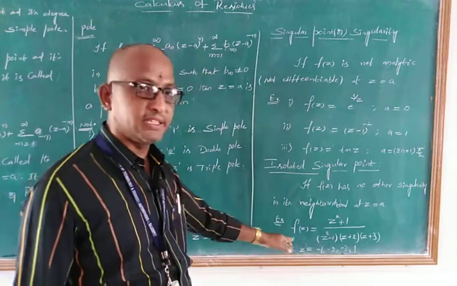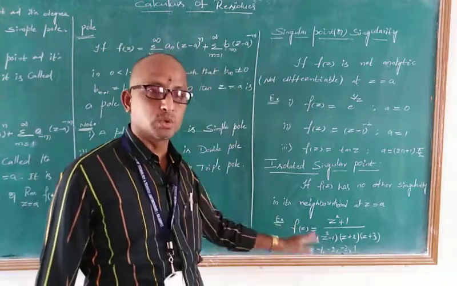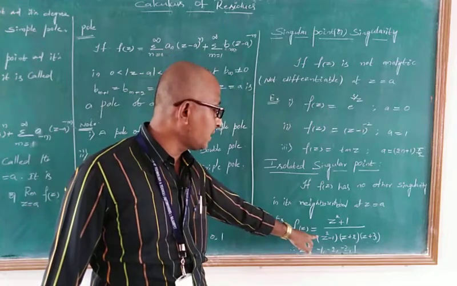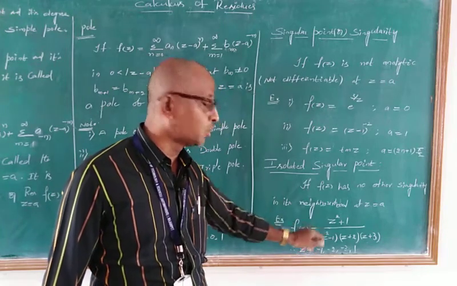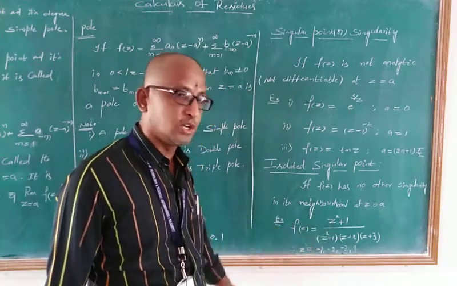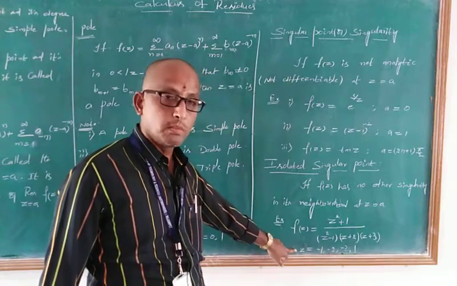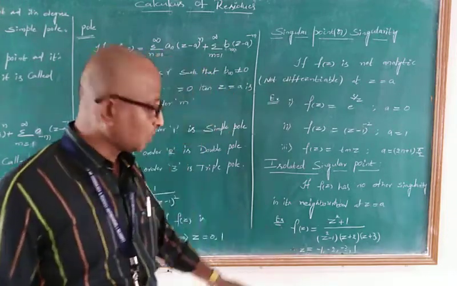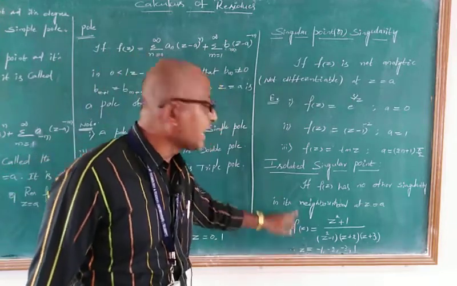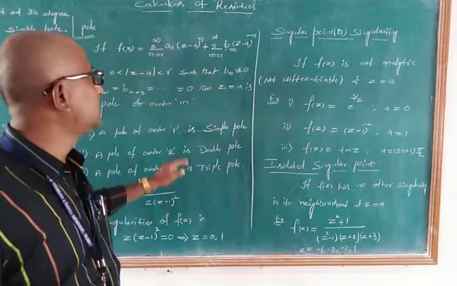Finding the singularities, the denominator term is equal to 0, that is (z² − 1)(z + 2)(z + 3) = 0, we get z = −1, −2, −3, 1. So, these singularities are called the isolated singular points.